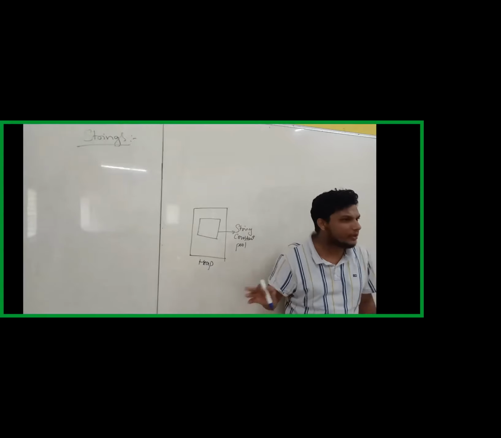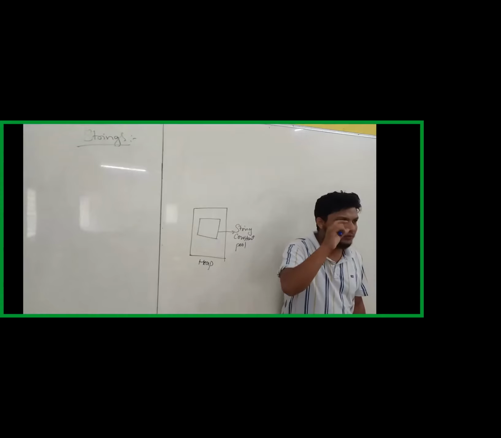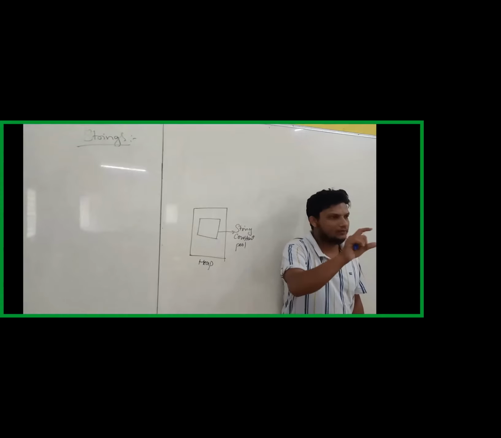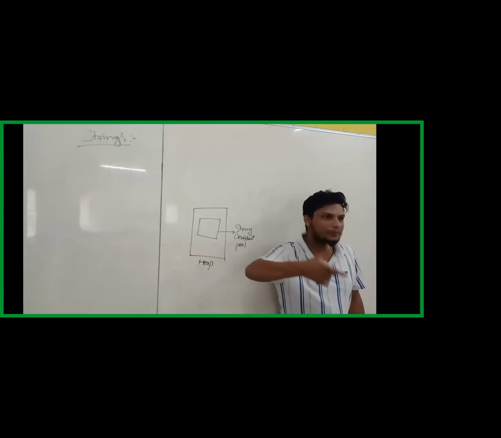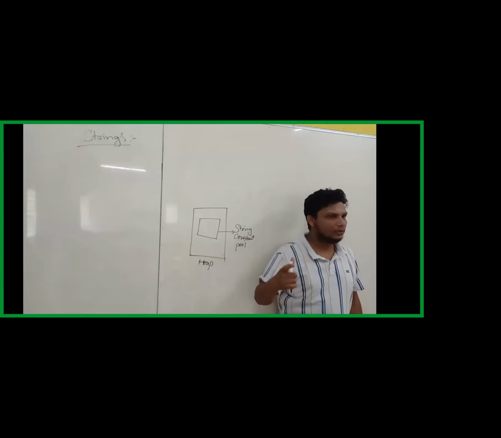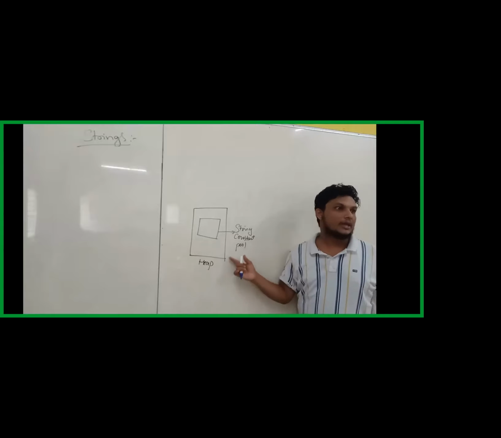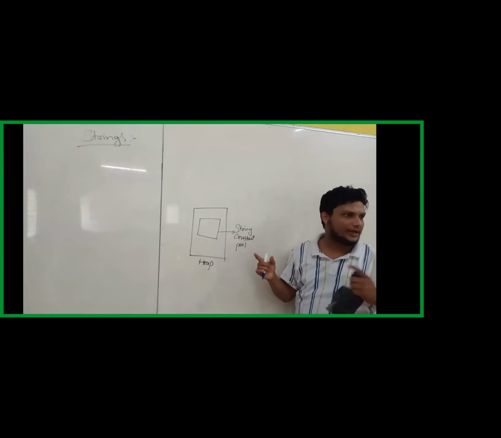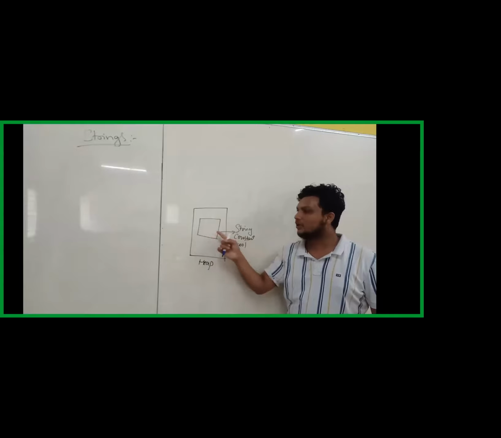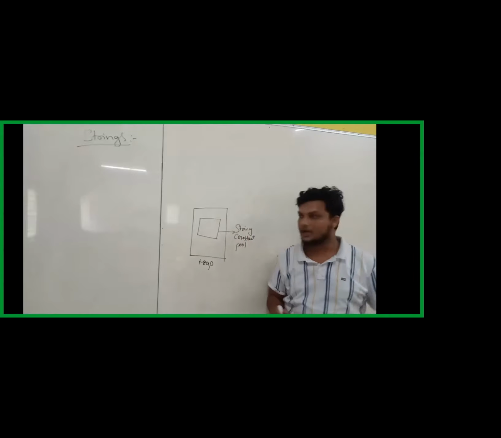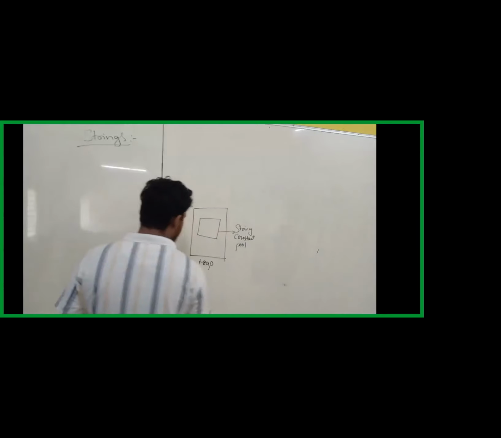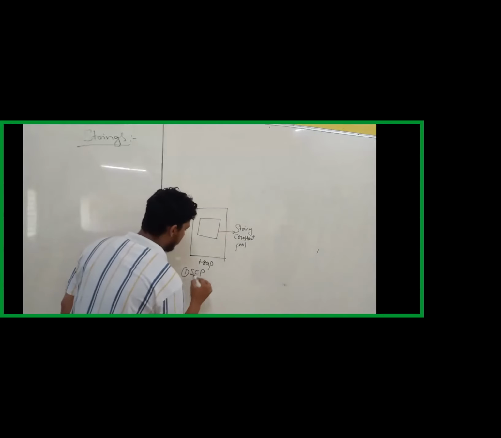Why heap memory? Remember, whenever we create an object, it will get created in the heap memory. And I told you that strings are objects in Java. Yes or no? So definitely it should come to the heap memory. In the heap memory, when you create a string, there is a place called the string constant pool, and inside that it will be created. Okay, very first point, it is created inside the string constant pool.